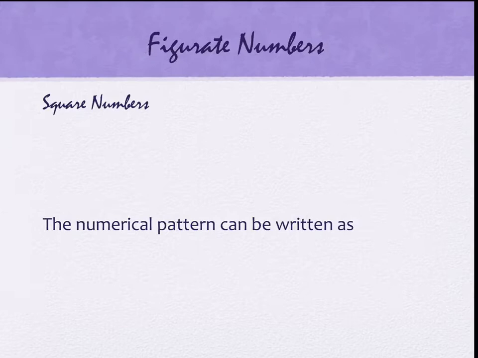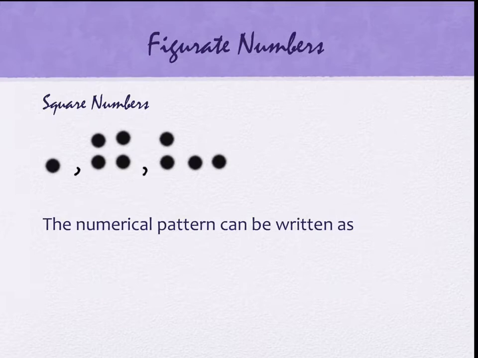So again, we're going to start out with 1 dot. And then we're going to start out with this arrangement of dots. Wow, that was terrible. That's a little bit better. And then I'm going to do this arrangement of dots. And we'll do one more.